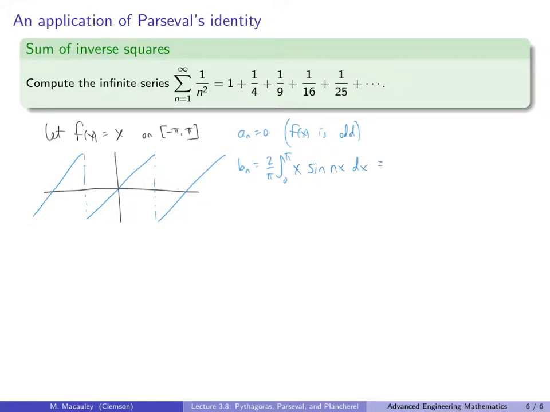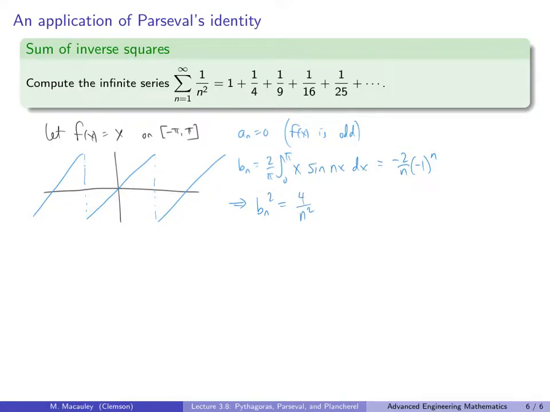And if you do this, you may recall that we get 2 over n times negative 1 to the n. And I'm just going to say right now that means that b_n squared, which is something that comes up in Parseval, is equal to 4 over n squared.